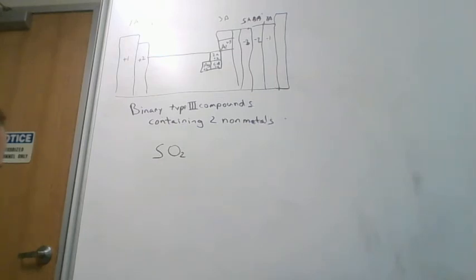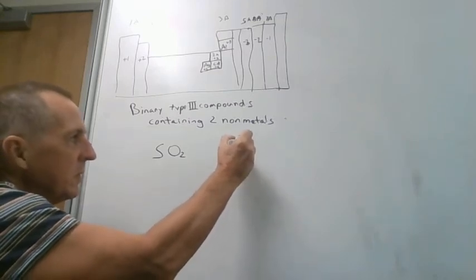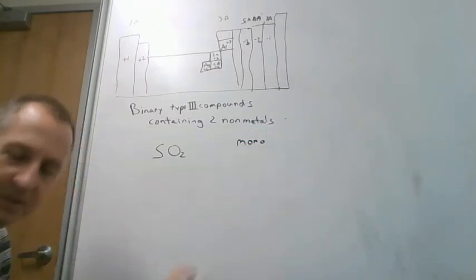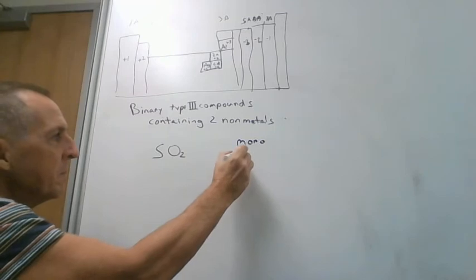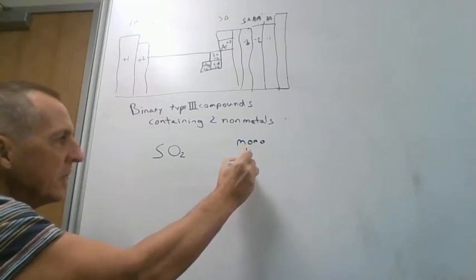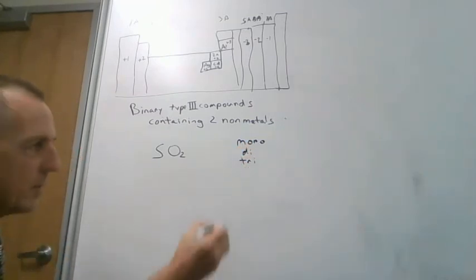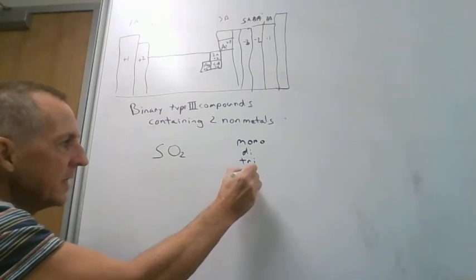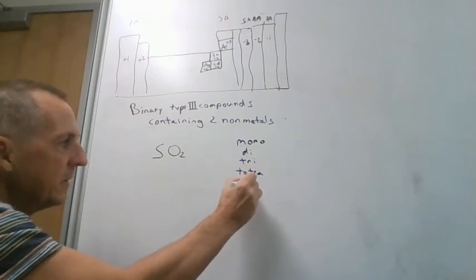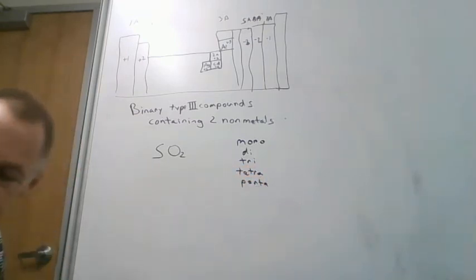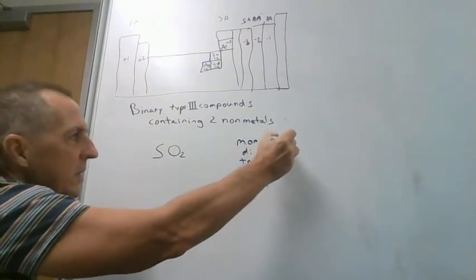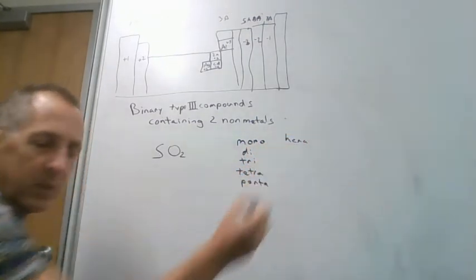And since there's no charges to balance, what we have to do is name them by saying how many of each thing is in there, right? So we use these prefixes that you'll have on your chart, so you don't have to memorize them. You just have to look at it and figure it out. These prefixes will tell us how many of each thing we have.